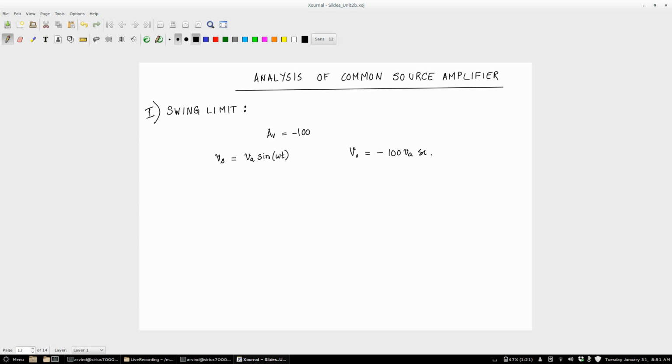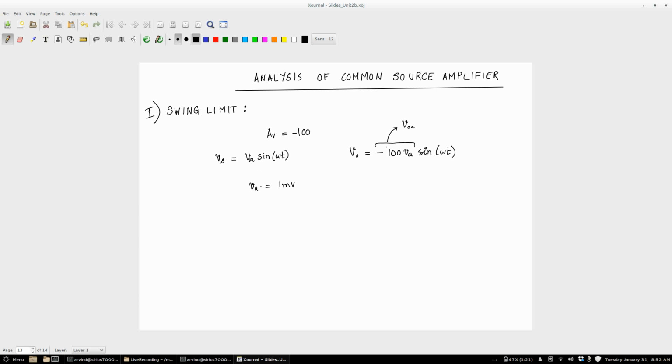What would my V out be? Is this expression correct for the common source amplifier? What is wrong? It's always negative, so I have to put that minus 100. So this would be minus 100 Va sin omega t.